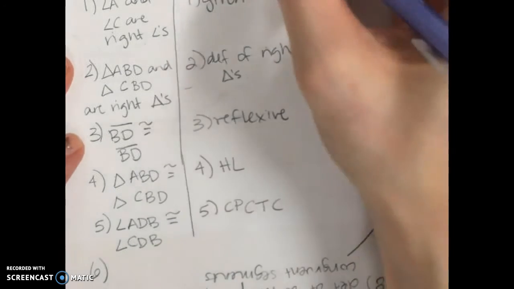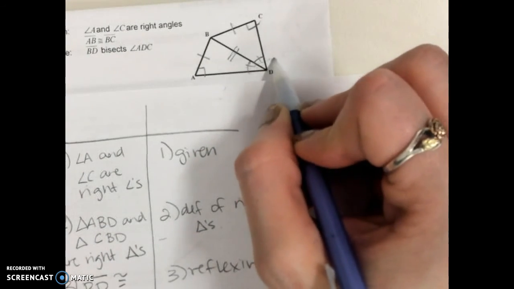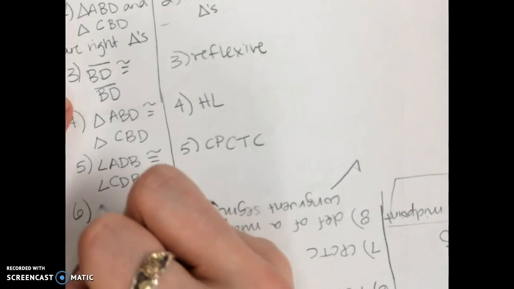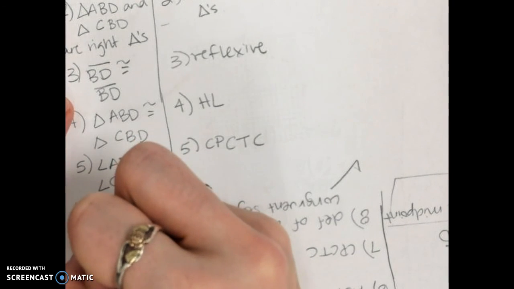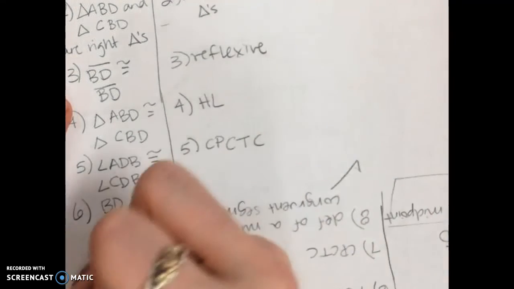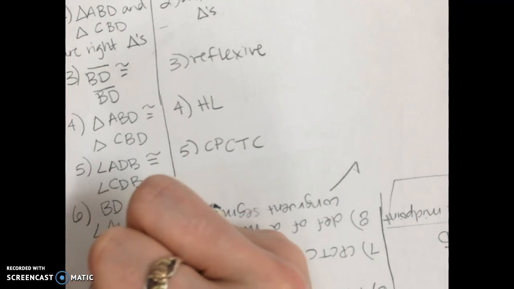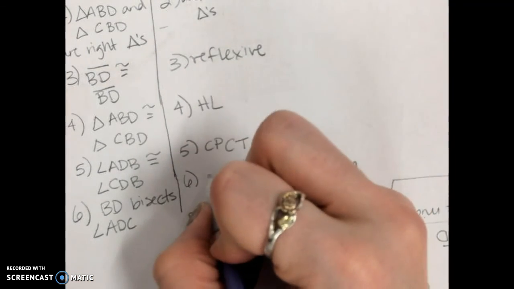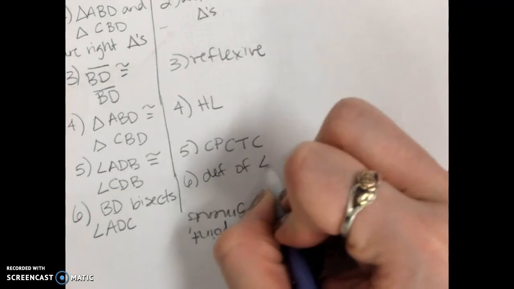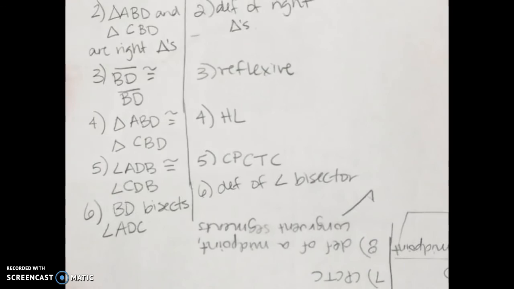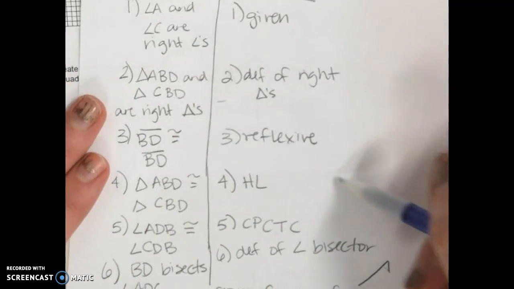So if these two angles are congruent, that means this has to be the bisector, because that's the definition of a bisector. So then you can write BD bisects angle ADC, which is the proof we're trying to prove. And the reason is definition of angle bisector. Whew. And now that one's done.